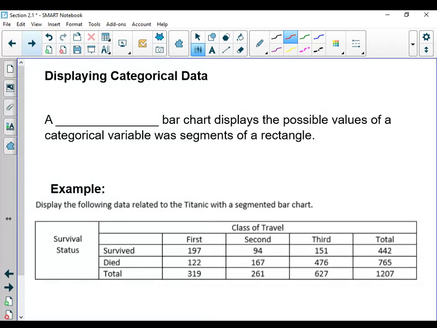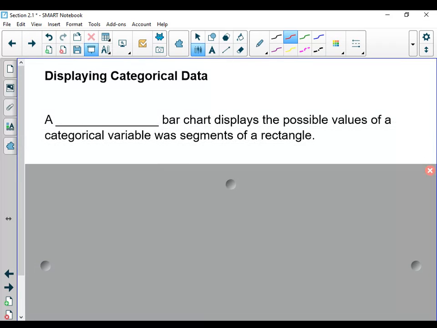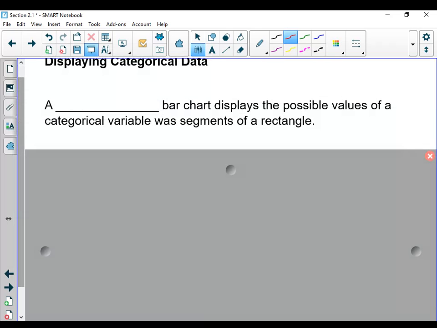All right, so categorical data, how are we going to display it? Well, we don't have a whole lot of options actually when we're looking at two variables. But one of our options is what's referred to as a segmented bar chart.